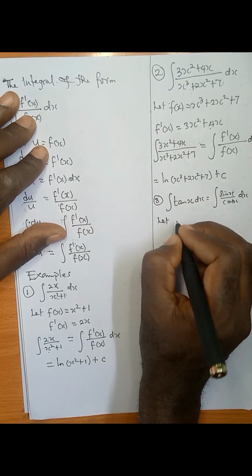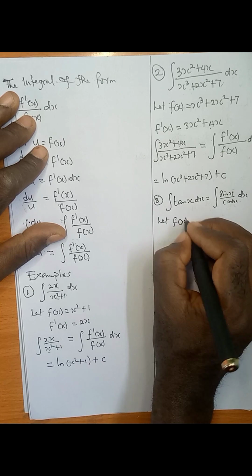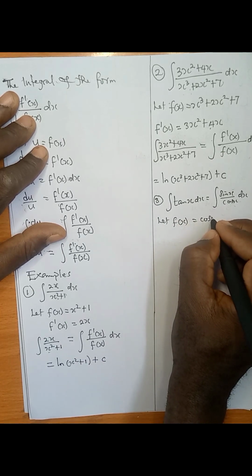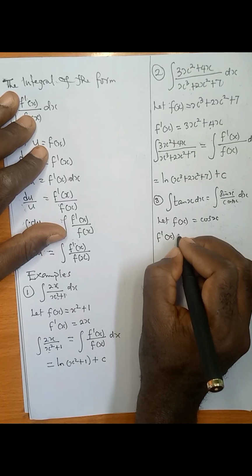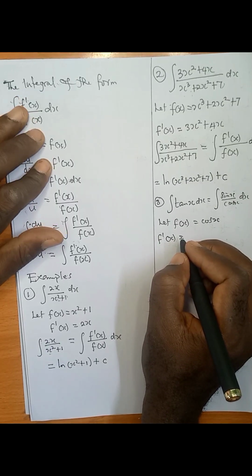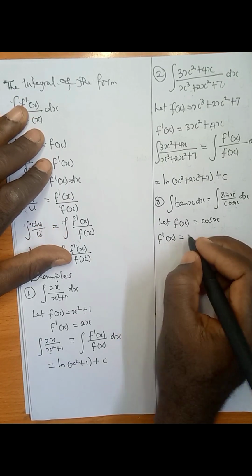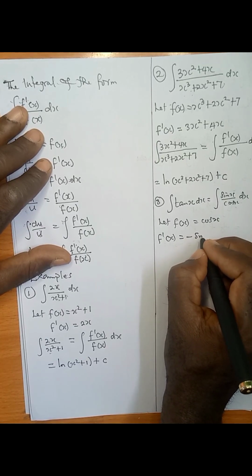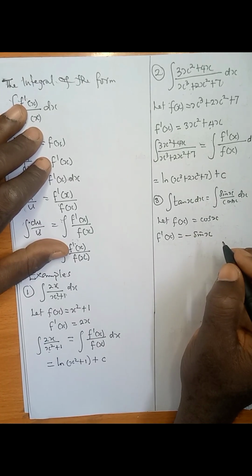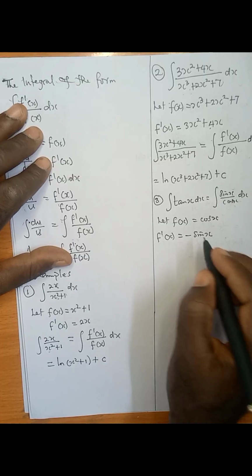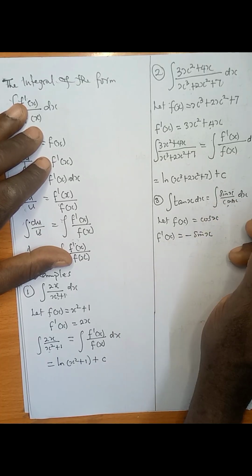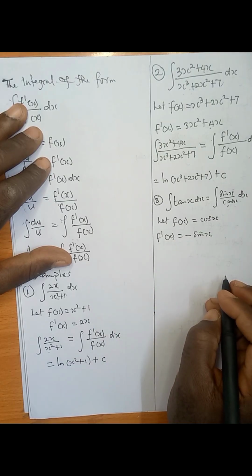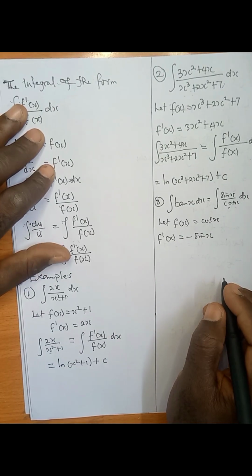So you say let f of x be the denominator, which is cos x. Now let us differentiate cos x. When we differentiate cos x, it will give us minus sine x. So you find out that when you differentiate this denominator, it will give us the negative of the numerator. The negative is not an issue, so we know how to deal with that.